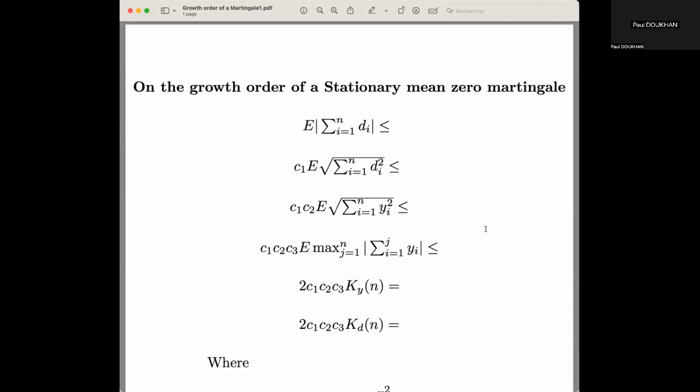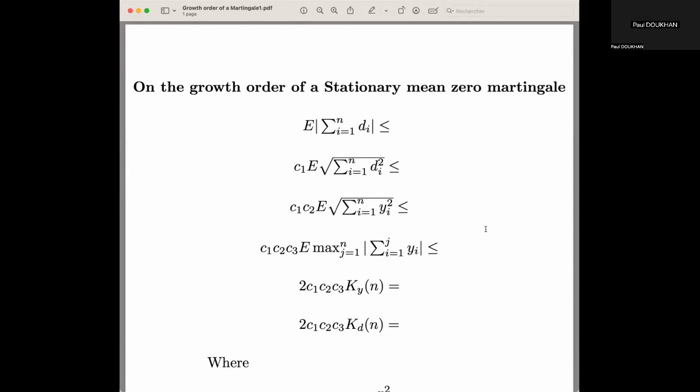I don't know what the sharp constant for Burkholder-Gundy is. I tried to find it, but nobody told me. Then by decoupling, you get a second constant. And then you use Burkholder-Gundy again, the other side, to get this.